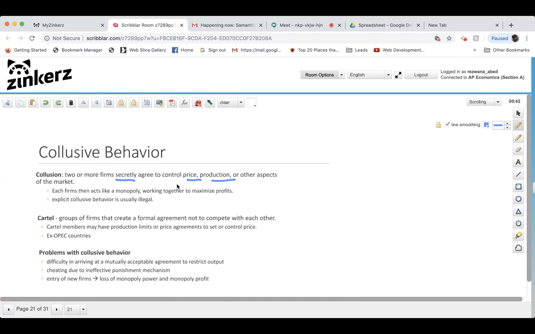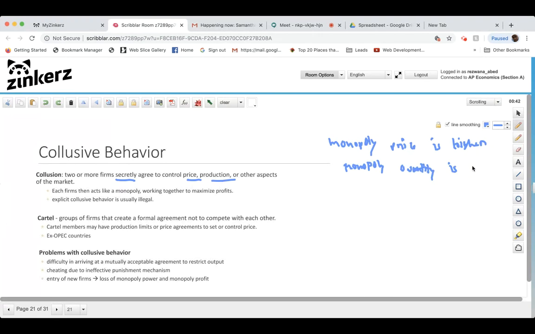In effect, they operate as if they were one firm. They act as if they were a monopoly, and by acting like a monopoly, they can set a monopoly price and produce a monopoly quantity. So remember that the monopoly price is higher and the monopoly quantity is lower.